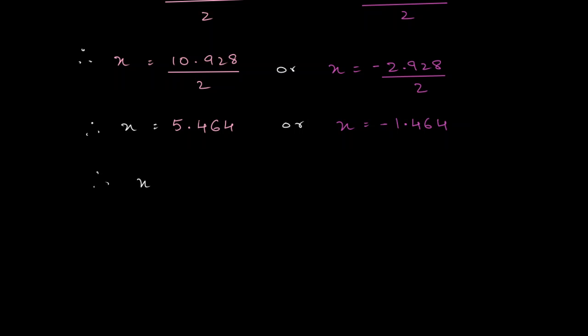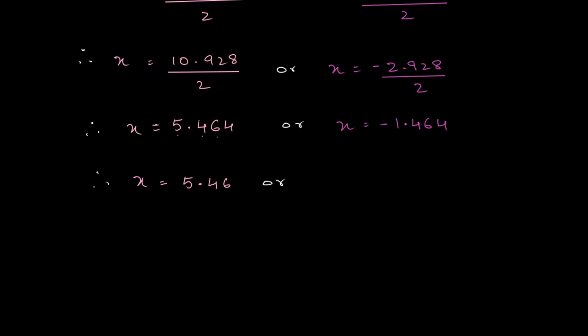So in the first case, we got x is equal to 5.464, and if I had to count three significant figures here, so 5, 4, and 6, these are the three significant figures. Now, if this fourth figure was 5 or greater, I would have rounded up. So in this case, I don't need to. So 5.46, those are my three significant figures.